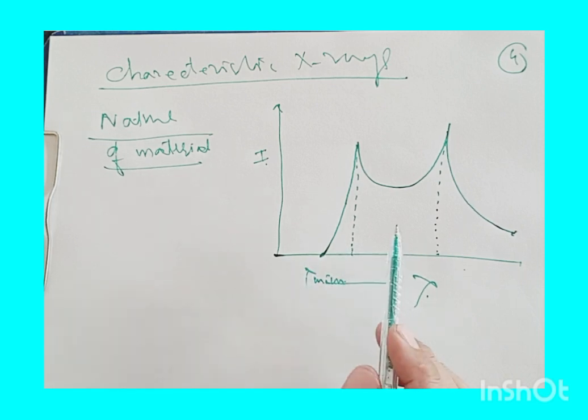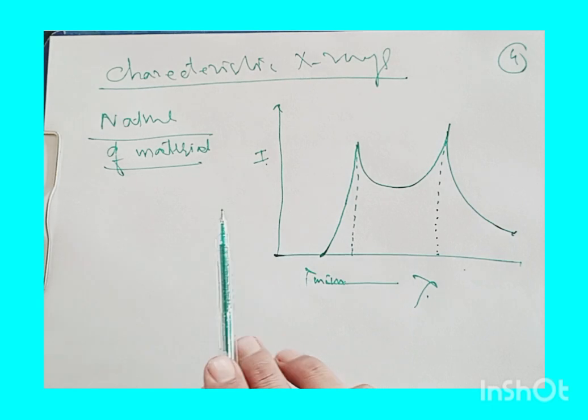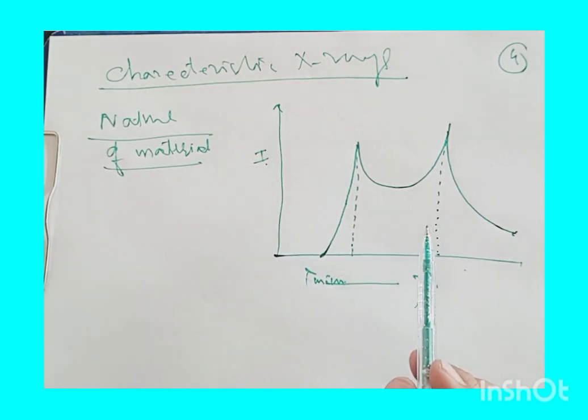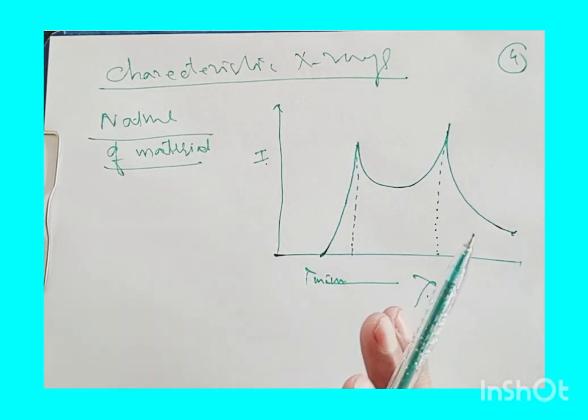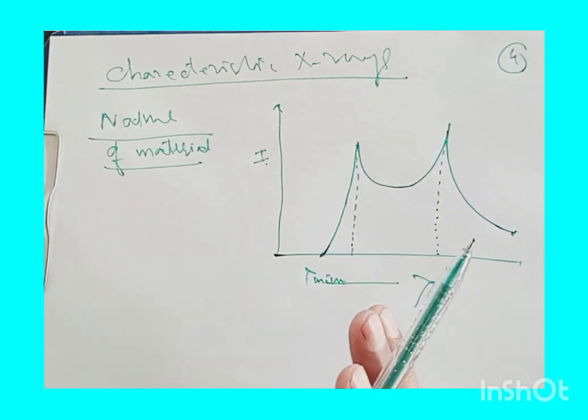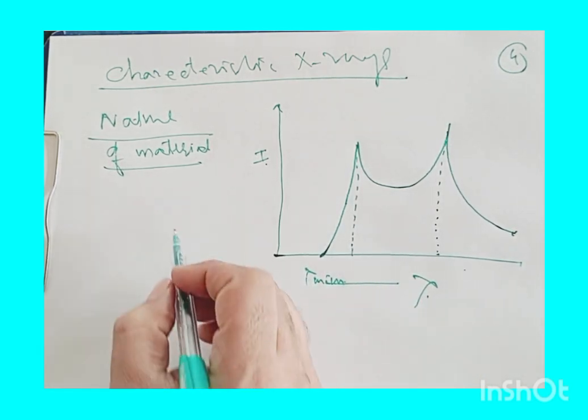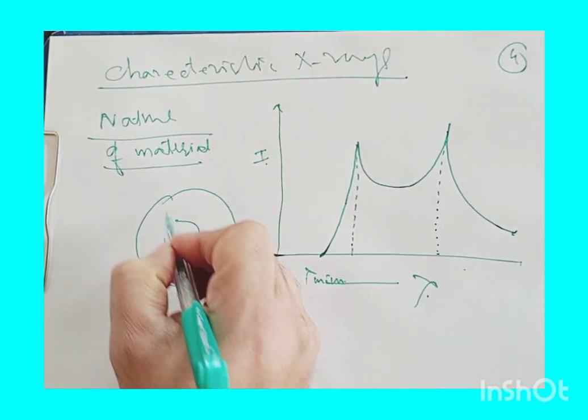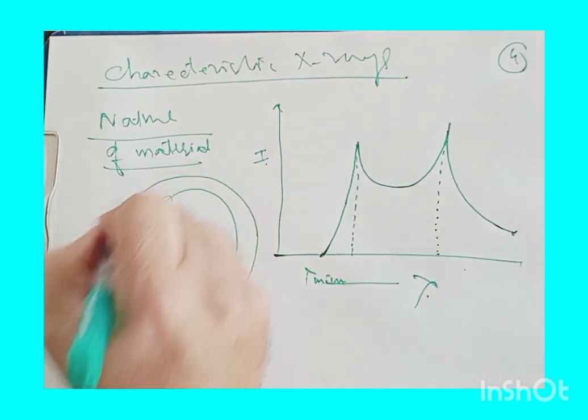Now, in order to explain this phenomenon, when electrons accelerated through some potential are allowed to fall on the atoms of a target, the electrons of the atoms of the target are knocked out. So if I have an atom, it has a nucleus, then it has the orbits.